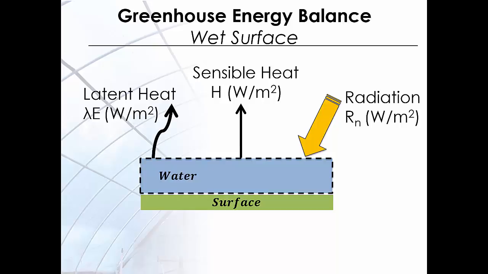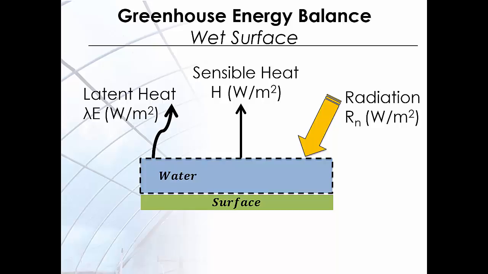The latent heat is the energy absorbed by or released from a substance during a phase change from a gas to a liquid phase or a solid, or vice versa. And the sensible heat is the energy required to change the temperature of a substance, but in this case with no phase change.